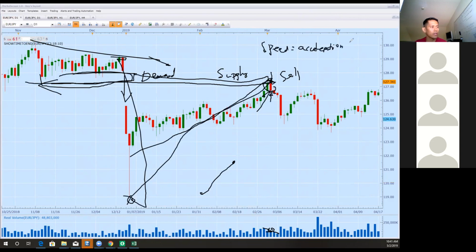When there's too much acceleration, that now means that buying is no longer there, right? Buyers will disappear. When buyers disappear and selling pressure starts to happen, imagine the amount of gapping that is coming. And that's why price will start to go really, really quickly to the downside, like this one, right?